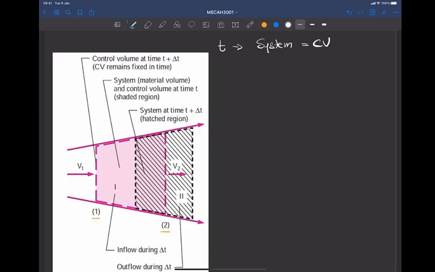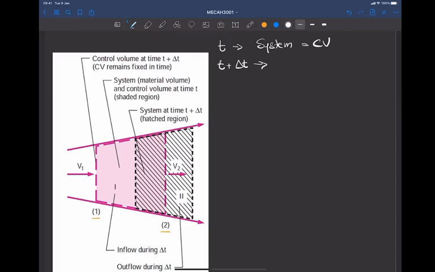Then, as time goes by, you have a delta t which passes. Some mass will flow from the left to the right, and so the system will by definition move with the flow.